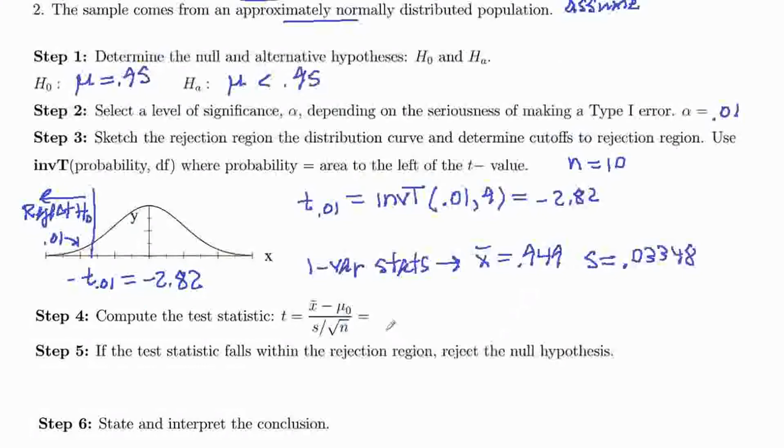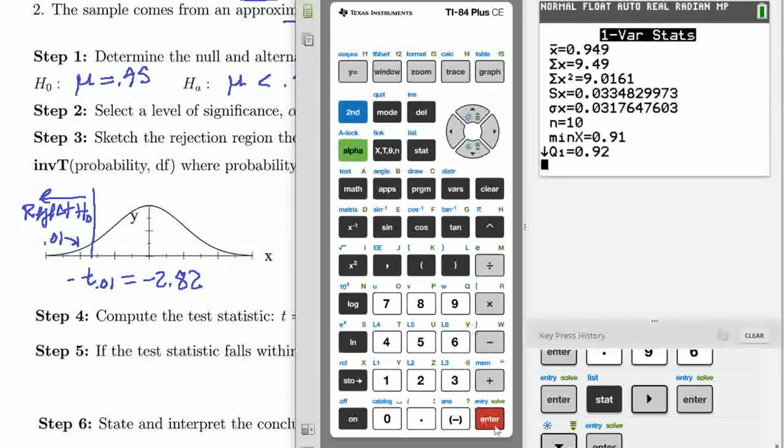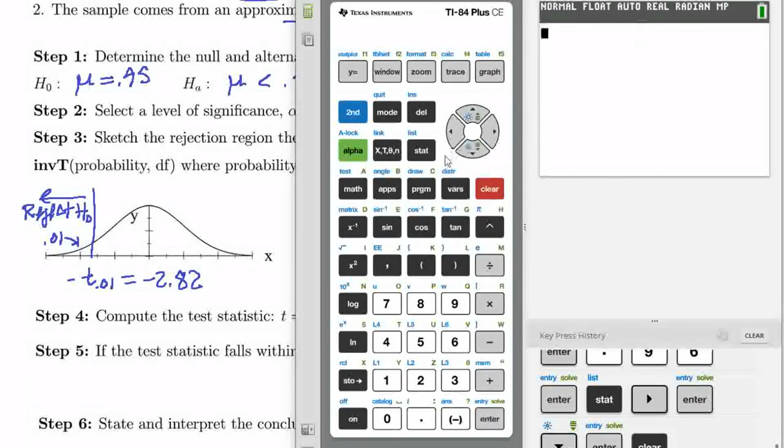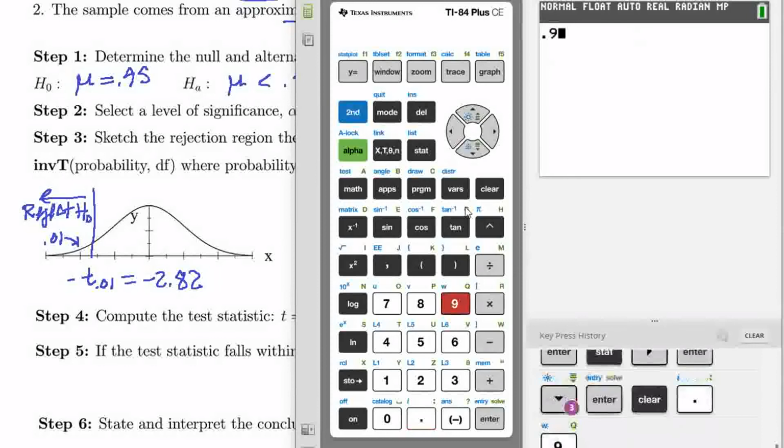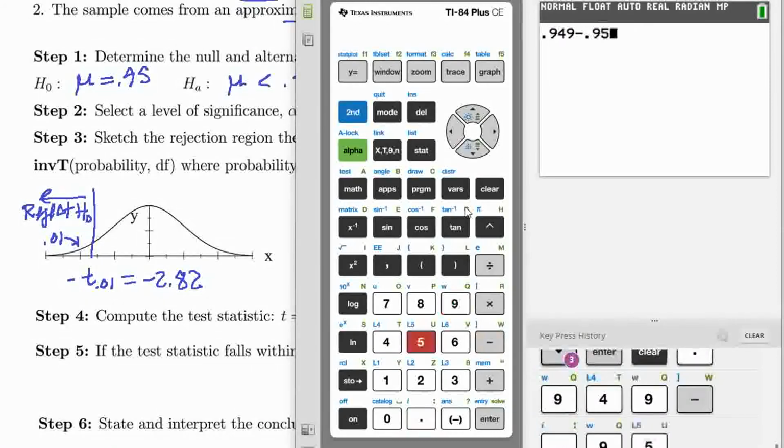Now we can compute our test statistic. We've got that 0.949. We are subtracting off 0.95, what we're testing against. In the denominator, 0.03348 divided by square root of 10. Let's compute that in the calculator. 0.949 minus 0.95 is negative 0.001.